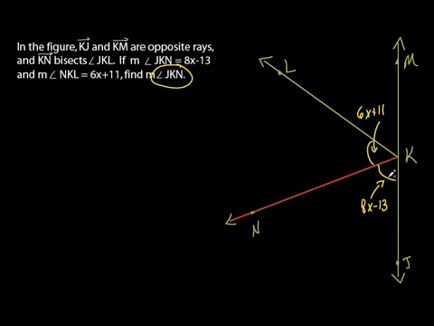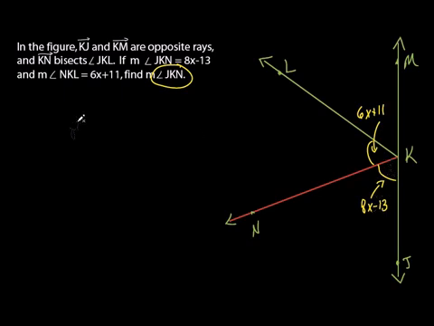Well, what am I going to have to do in order to find this angle? I'm going to have to solve for x. So I need to find a way to get x by itself. Then I can plug it in for this, and then I can figure out what this angle is. Remember, this bisects it, so this angle and this angle are equal to each other. This is the measure of the top angle, this is the measure of the bottom angle. They have to be the same.